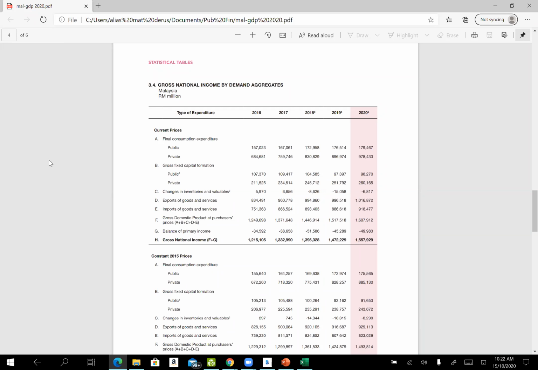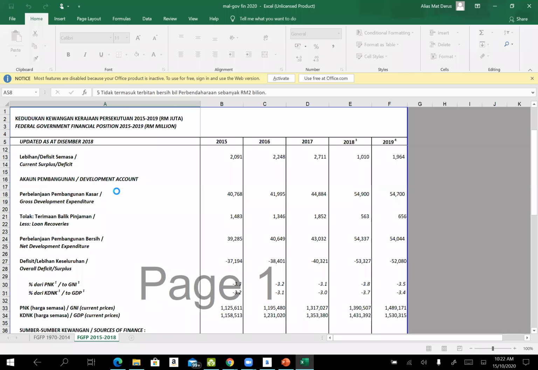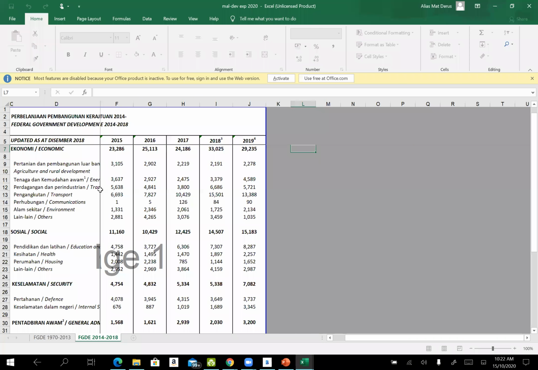Let's look at more detail into the components of the expenditure. We look at the development expenditure. All right, look at the development expenditure. This gives you the size, of course, but also the components, all right?